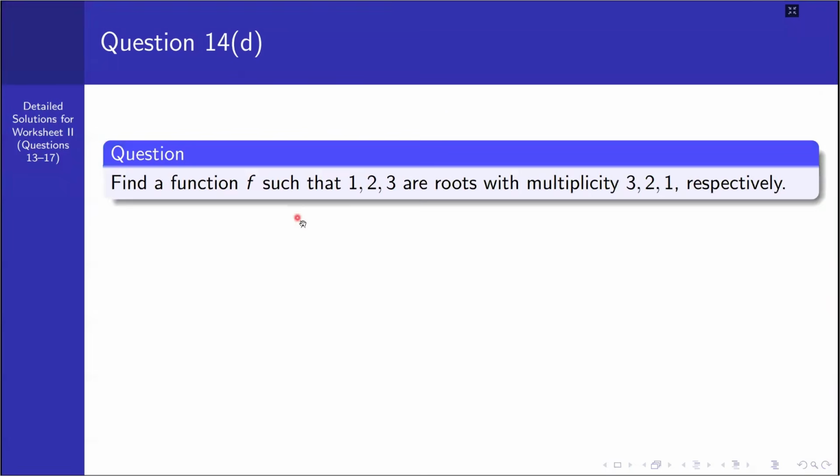Okay, next, find a function f such that 1, 2, and 3 are roots with multiplicity 3, 2, and 1 respectively. That means 1 is a root of the given polynomial function f with multiplicity 3. 2 is also a root of the same function with multiplicity 2, and 3 is a root of this function with multiplicity 1.